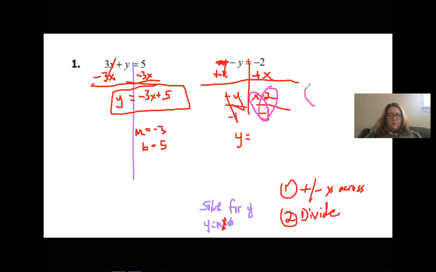Looks like a heart. Hopefully you guys see that as a heart, where we're dividing both, okay? So since I'm dividing by -1, I'm just going to flip the signs. Positive x divided by -1 is negative x. And -2 divided by -1 is +2. That's it. Okay.